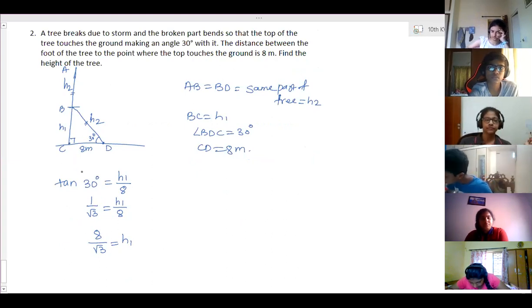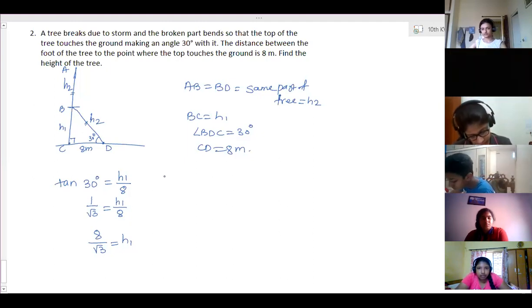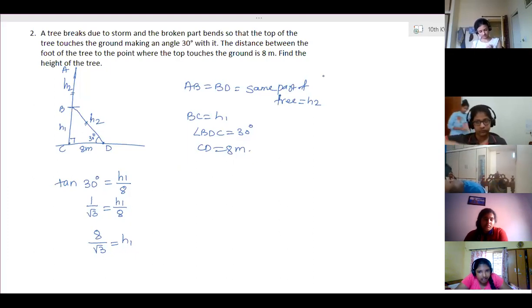Then for h2, Roshita, which ratio do we have to use? For finding h2, which trigonometric ratio do we need to use? Cos 30, right?